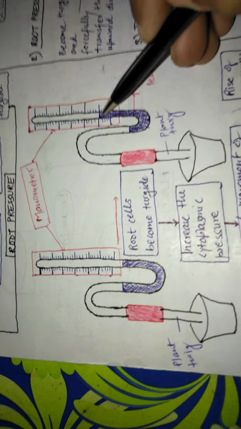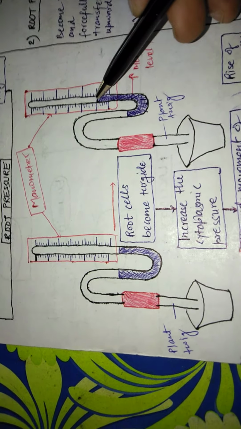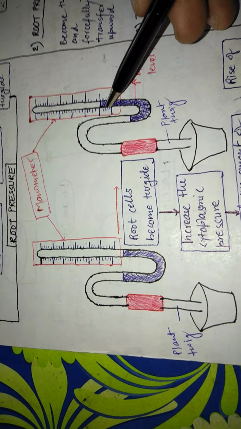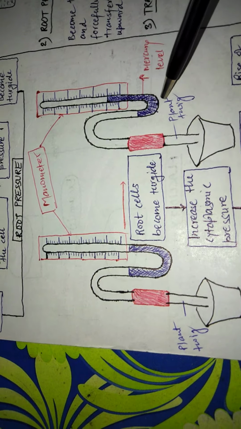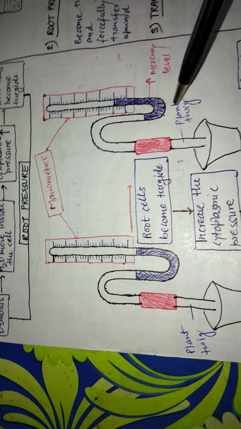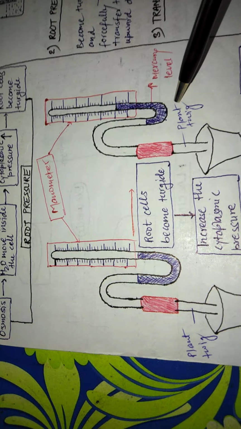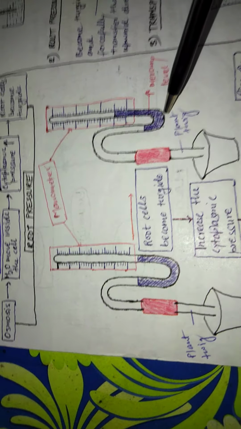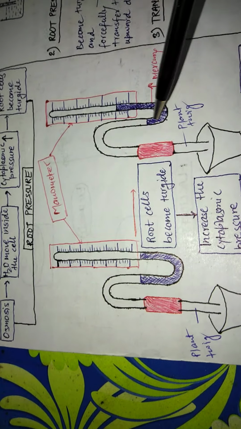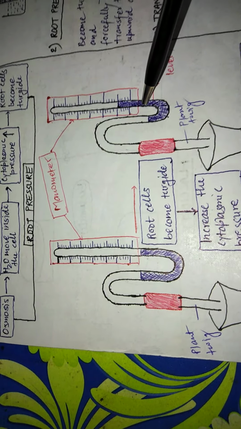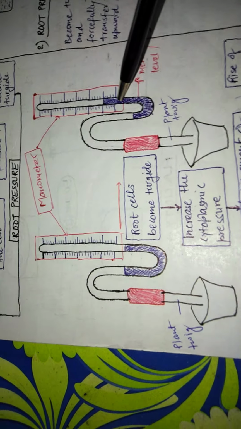After some time the level of mercury increases up to this level, and this increment of the mercury level shows that the cells absorb water through the osmosis process and become turgid. During the turgid condition, they transport water by creating pressure, and this pressure is known as root pressure.